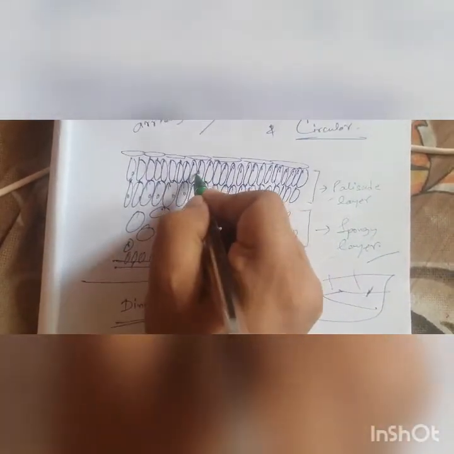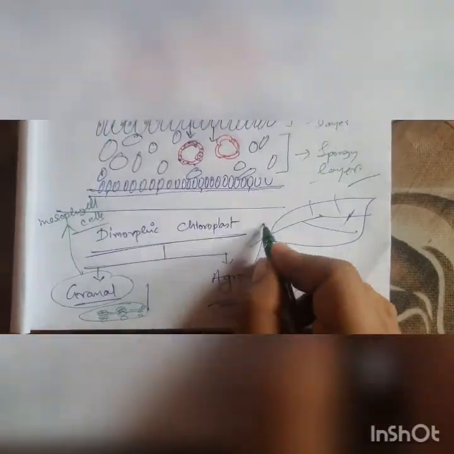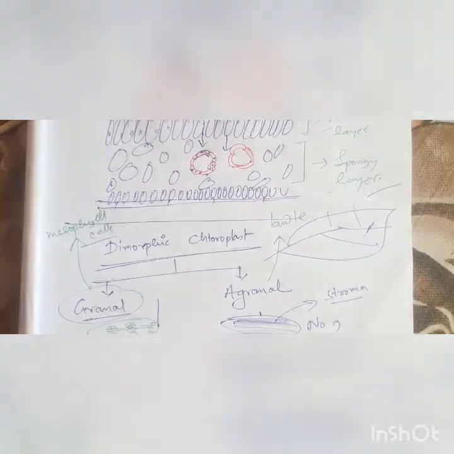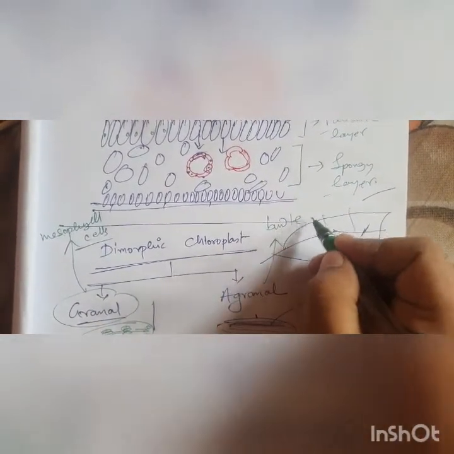So the granal chloroplasts are present in the mesophyll cells, and the agranal chloroplasts are present in the bundle sheath cells.